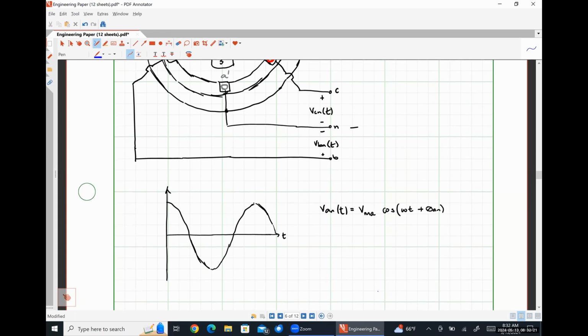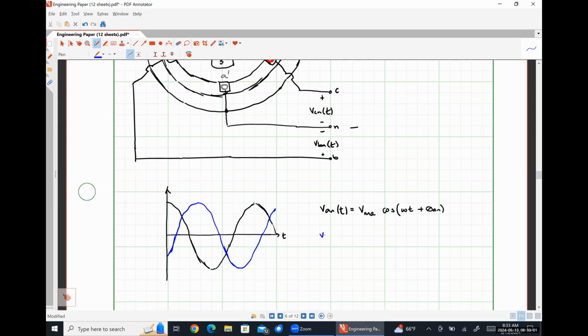So 120 degrees out of phase means that we should be hitting our peak value about right here. Something like this.